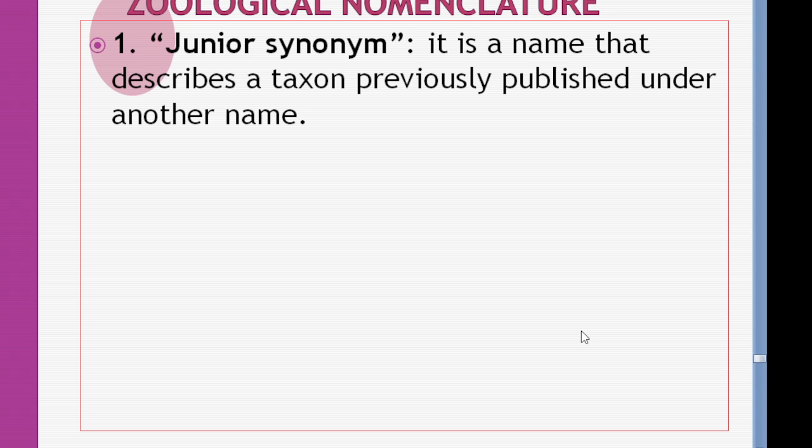When the scientist does his research, if he discovers that his taxon has another published name, he can use the second name, but he must put this term junior synonym, which means that this is not his first name, but his second name.